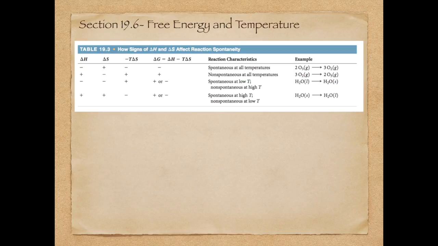Now, if my delta H is negative, but my delta S is also negative, keep in mind that your delta H and your delta S are going to be battling it out to see which one impacts your delta G the most.